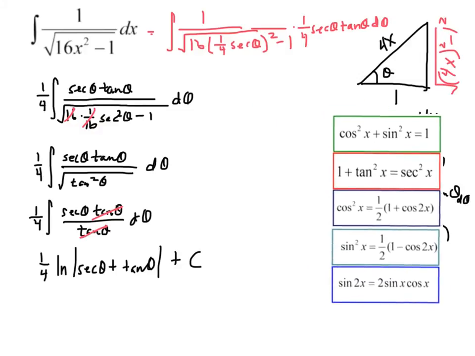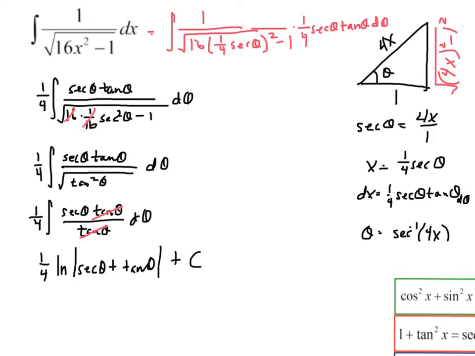Now, I'm going to slide this out of my way because we, of course, started with x's. We should end with x's. So we got 1/4, the natural log. Now, secant, remember, is hypotenuse over adjacent. So for us, that was 4x over 1. I guess I have it right here as well.